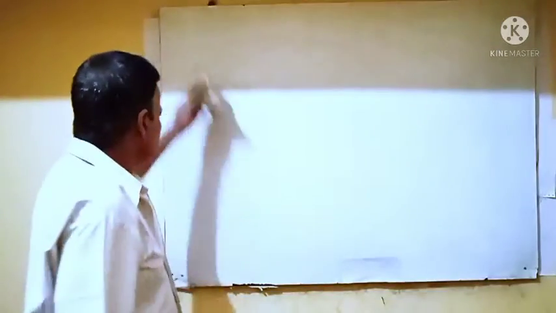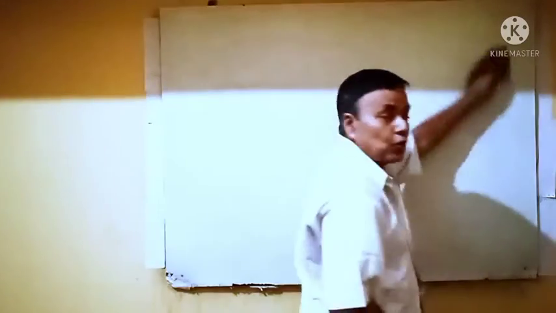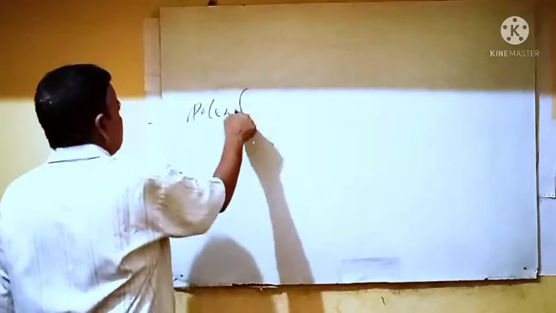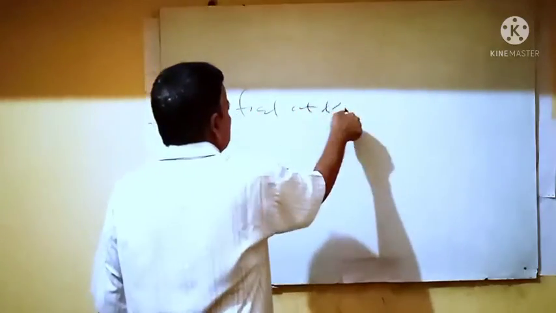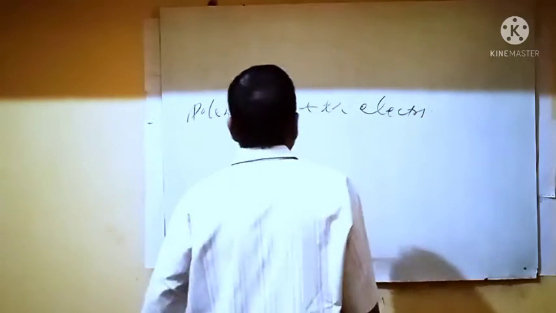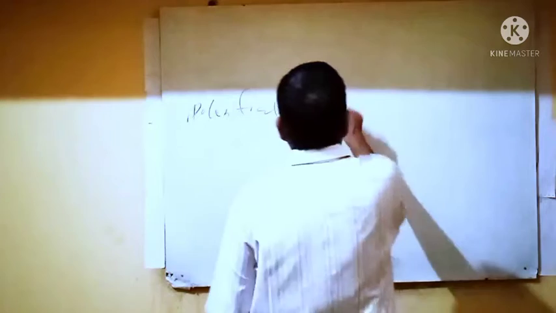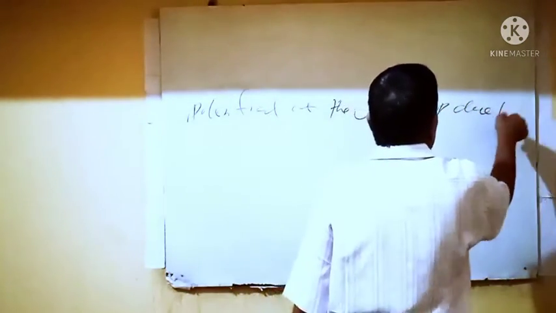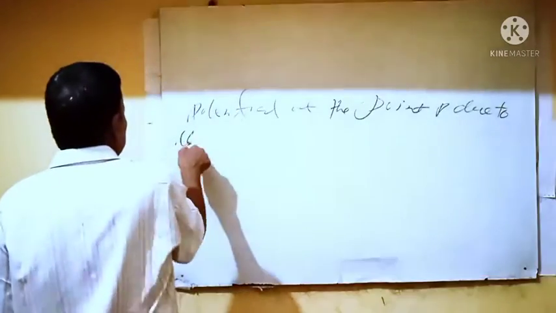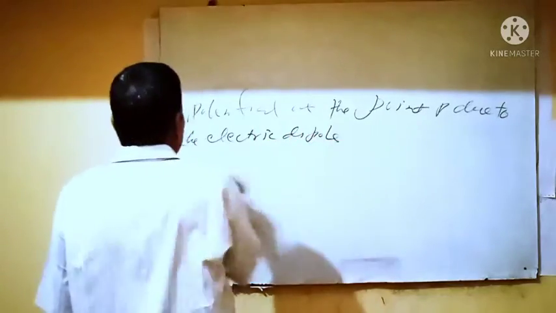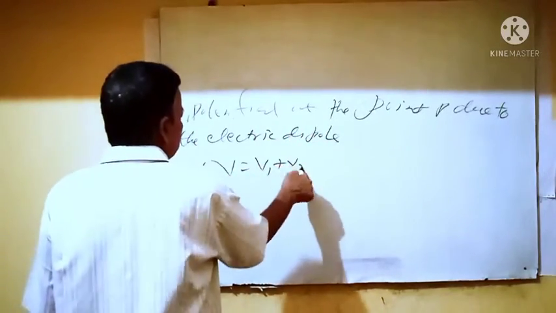So potential at the point P due to the electric dipole is V equal to V1 plus V2.